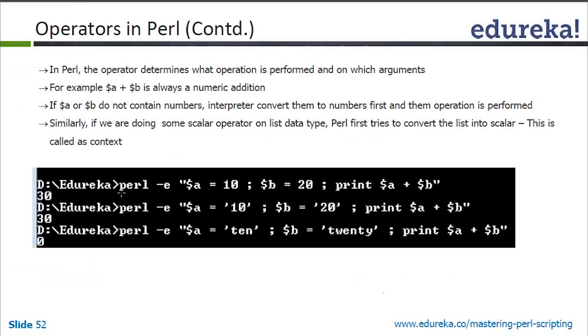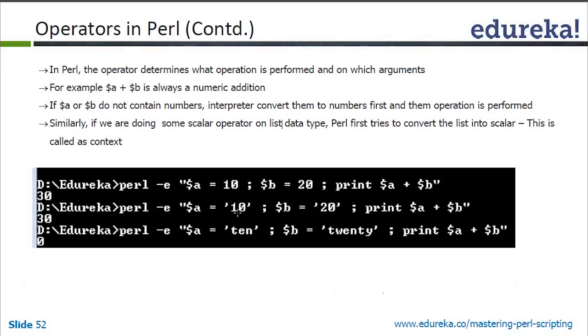If you are writing a Perl script like here, you are not writing a single line; it has 3 lines: $a equal to 10, $b equal to 20, and then print $a plus $b. The semicolon may not be important on the last line, because that is the end of the statement, but before that all statements must be separated by a semicolon so that it goes to the next statement. On the command line, if we separate with semicolons, each is a single statement.